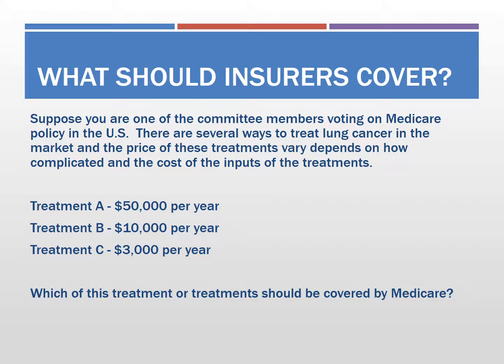As government agents, of course, we cannot approve coverage of any treatment in the market, because some of those treatments may be insanely expensive, like treatment A, but not justified by their benefits to the patients. Maybe the benefits we see from treatment A and treatment B are just marginally better for treatment A.